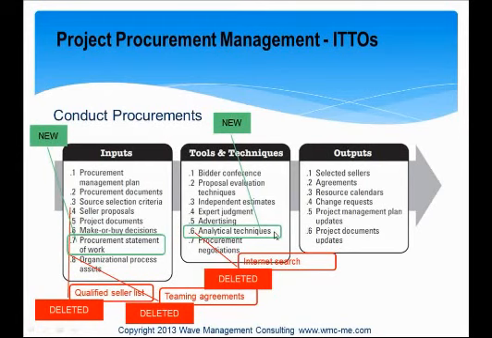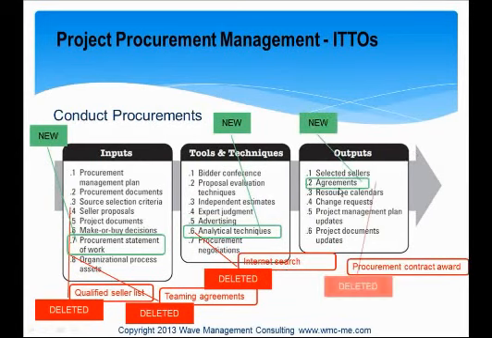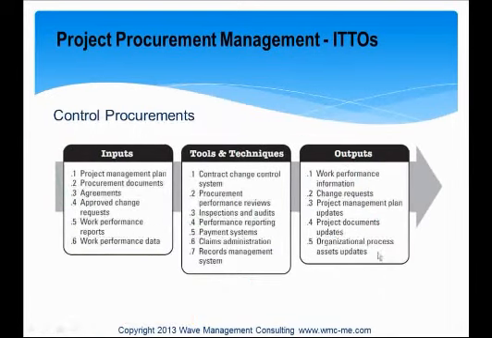Analytical techniques is a wider term, so we could be using other tools or means to conduct our research and analysis, which is not related to the internet. So why restrict it to internet search? In the outputs, they introduced agreements as an output, which replaced procurement contract award.